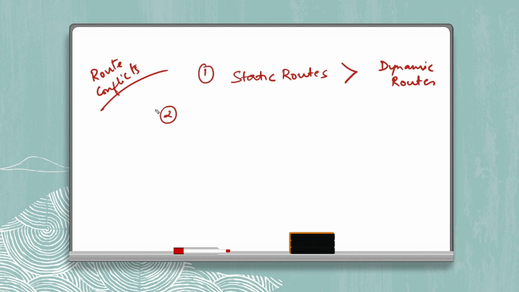Secondly, if there is a conflict between dynamic routes, it is going to be resolved by the route's autonomous system path. For VCN and static routes, the AS path is normally empty.